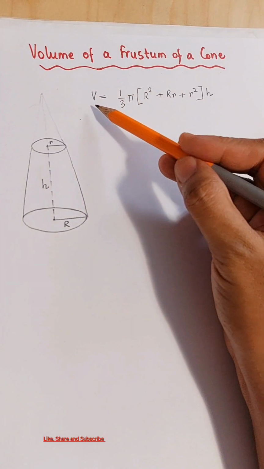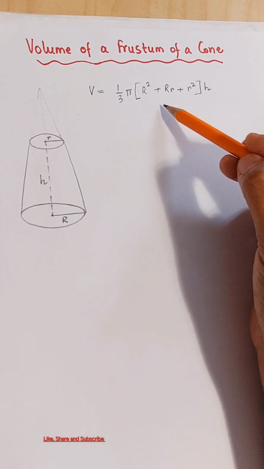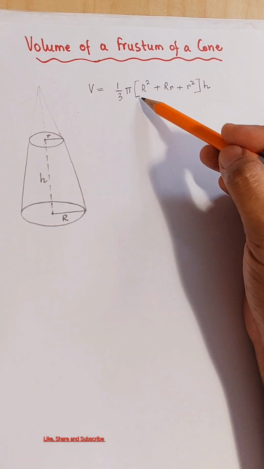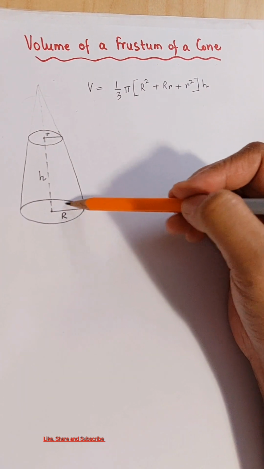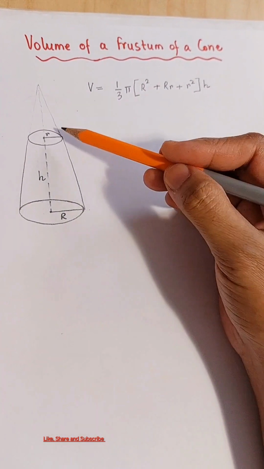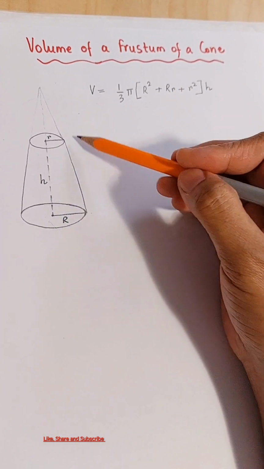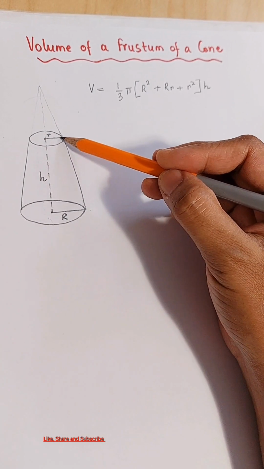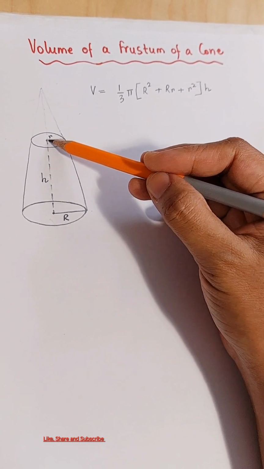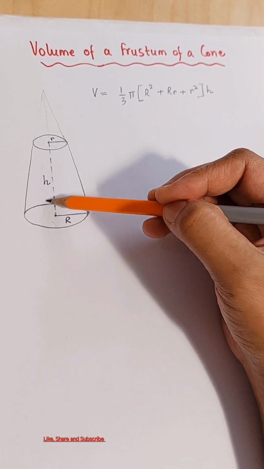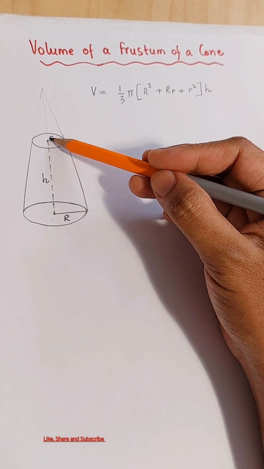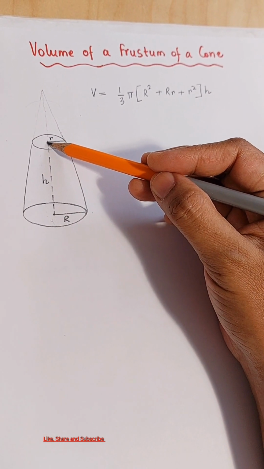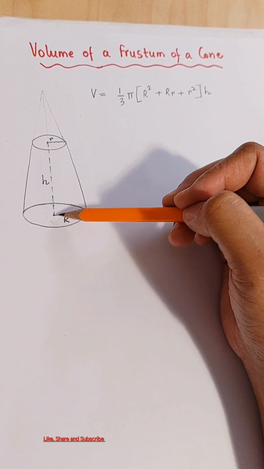So we can use this formula for the volume of the frustum, where big R is the radius of the bigger circle at the base, and small r is the radius of the smaller circle, and the height is the perpendicular distance between this r and that r.